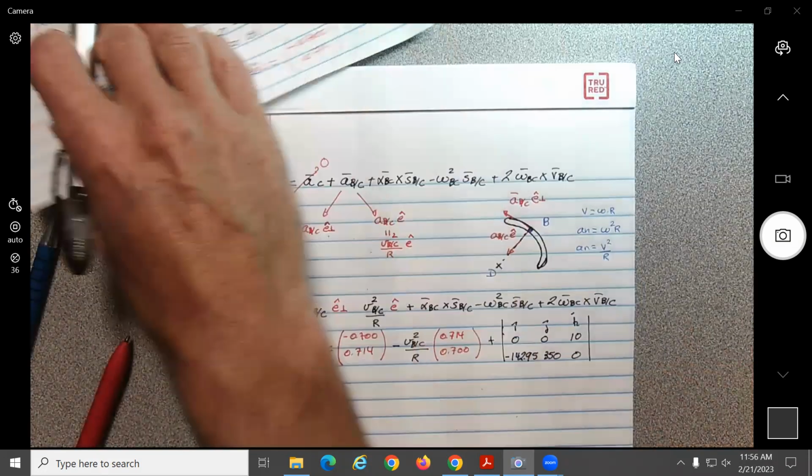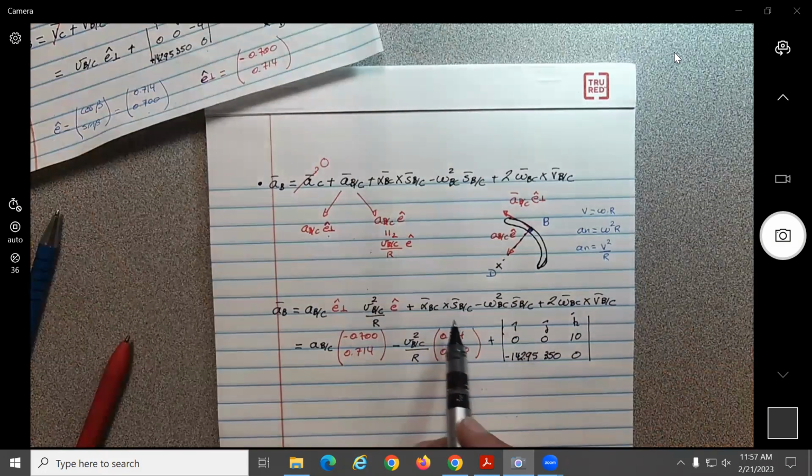So that's only for the third term, okay? Now I'll go, so this is the tangential acceleration term. Now I'll go to the normal acceleration term.